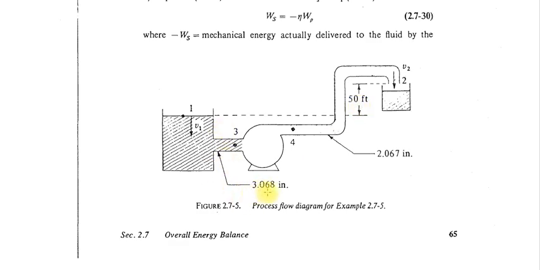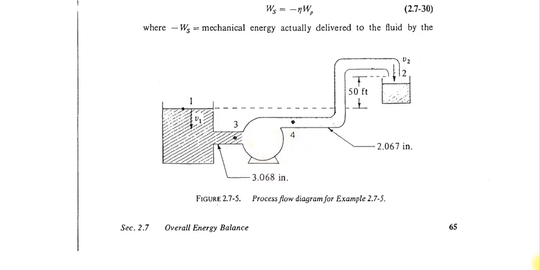This is the 3.068 inch pipe, this is the 2.067 inch pipe. So you have to do the energy balance from this point to this point, and then calculate the power requirement of this system.